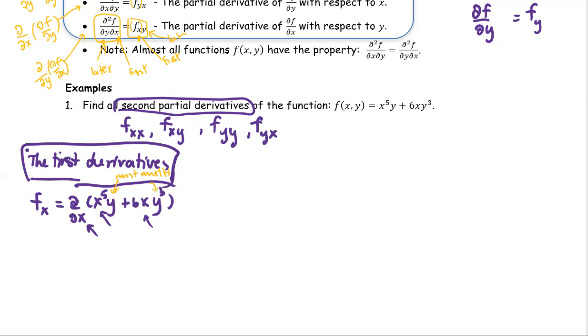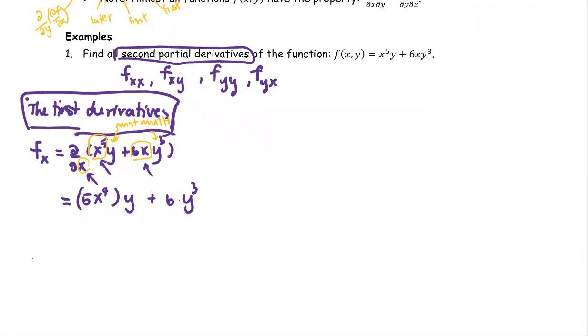Okay, constant multiple. And you just target the x here. So the first partial derivative is gonna be x to the fifth, which is 5x to the fourth, and then multiply by y as a constant multiple, plus the derivative of the 6x is 6 multiplied by y to the third.